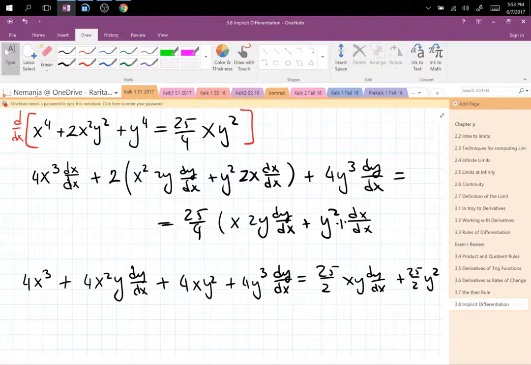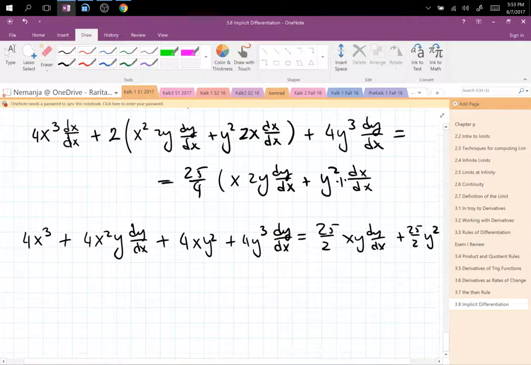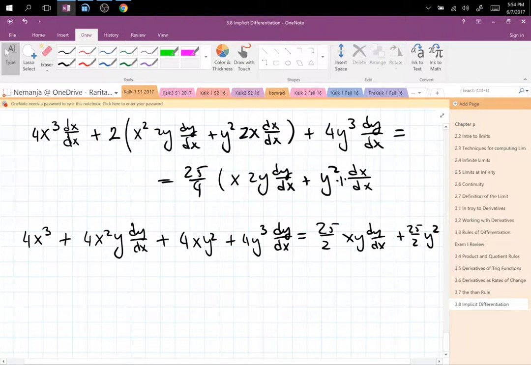Now, your goal is to compute the slope. You have the point given, 1 and 2. You don't have to go through crazy algebra to solve for dy dx now, because you already have everything you need.